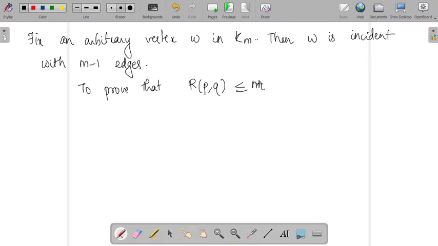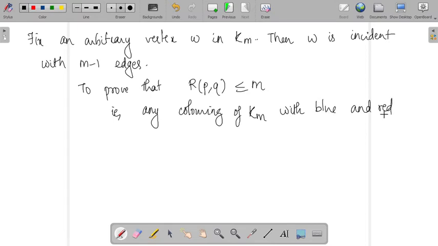R of P, Q less than or equal to m means that any coloring of Km with blue and red contains a P blue clique or a Q red clique.